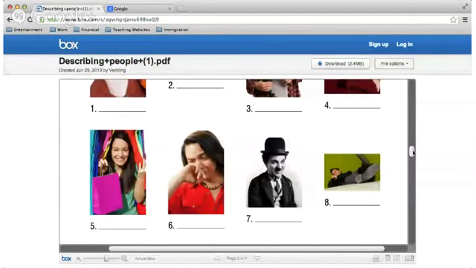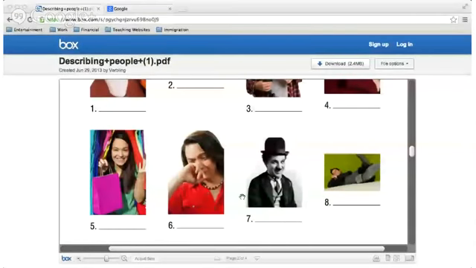Number 7. He is funny. Okay, funny. Yes, I believe this is Charlie Chaplin. All right. Yes, it is. How else can you say that someone is funny? Okay. Here's a good one. We could say he or she is a riot.